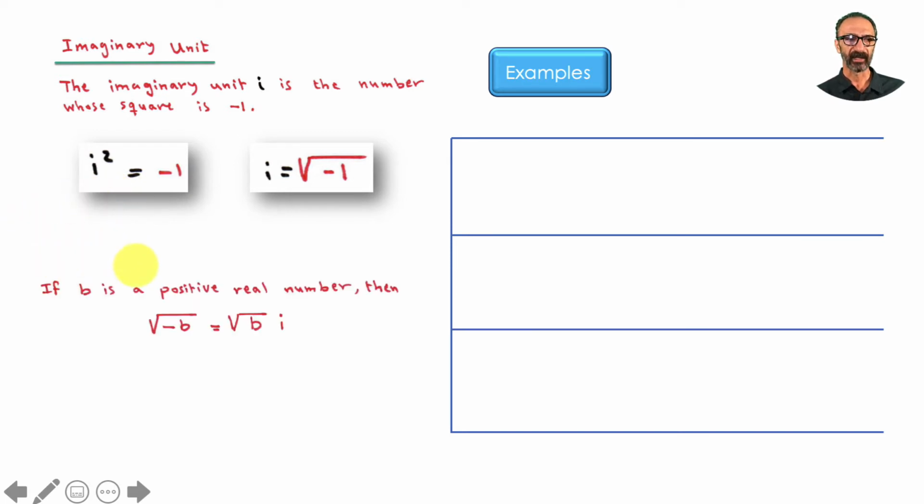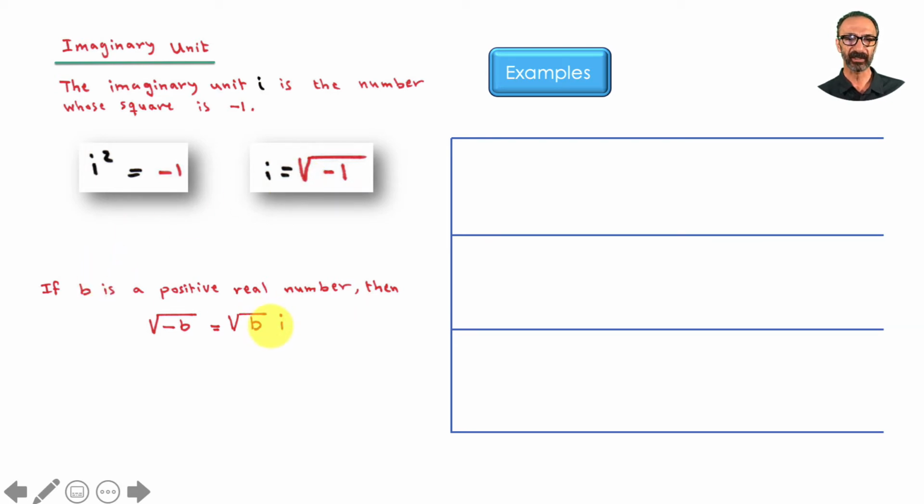Now, if b is a positive real number with a negative up front, you have to split the square root, and then from there you deal with the square root of negative 1 and the square root of b. The square root of negative 1 will give you the i, which is up here.